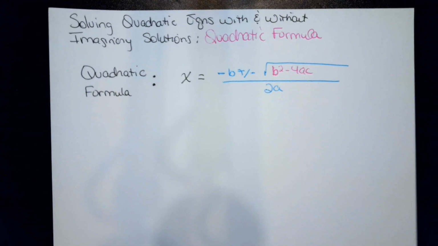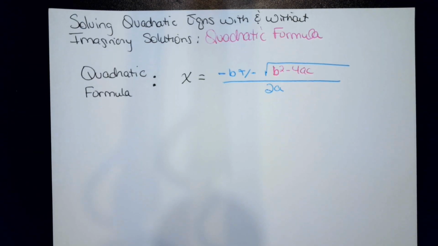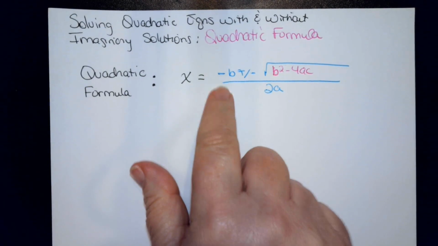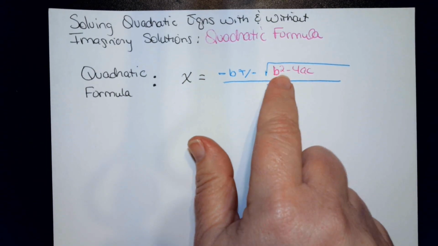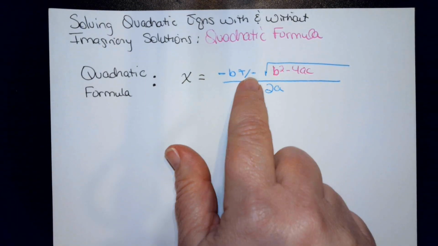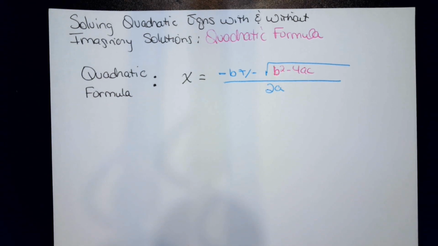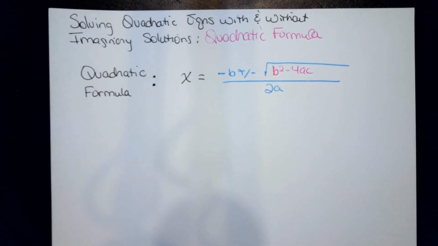Now, if I was in class with you, we would sing this as a class. Negative b plus or minus square root b squared minus 4ac all over 2a. Okay, so that's our formula.